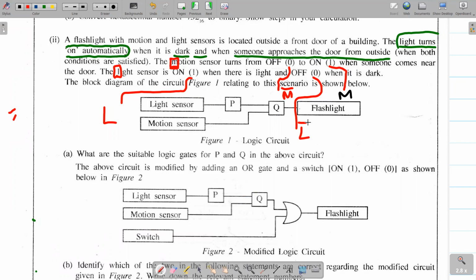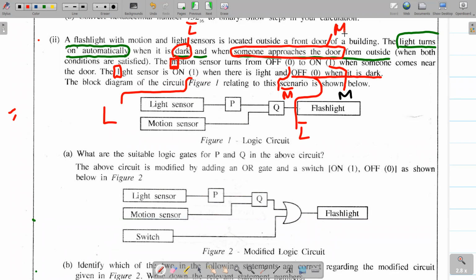right? So according to the explanation, dark indicates, it says when there is light, and off when it is dark. It says off indicates dark. That means this indicates L bar. And when someone approaches the door, it means the motion sensor is going to be on.